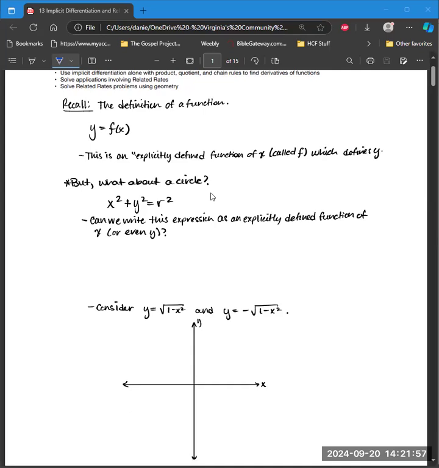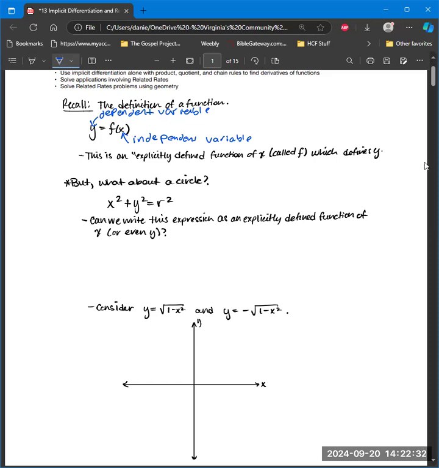First, recall the definition of a function. y equals f of x, where y is the dependent variable and x is the independent variable. Meaning that the variable y depends on the value that we choose for x, but we make an independent choice there for x.